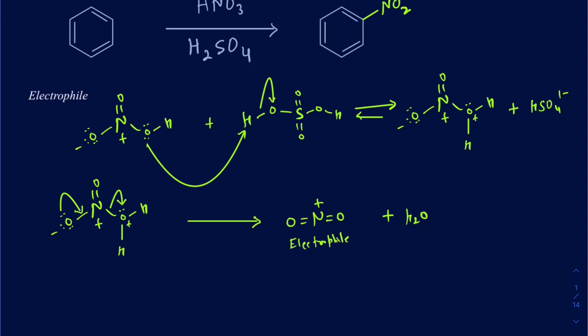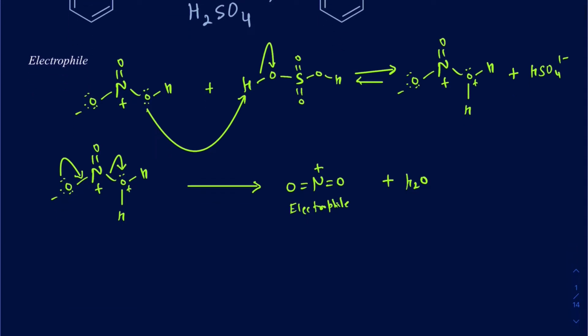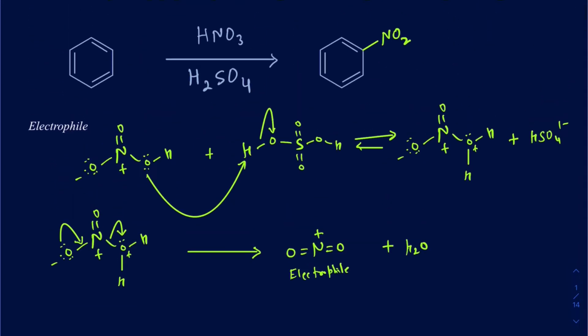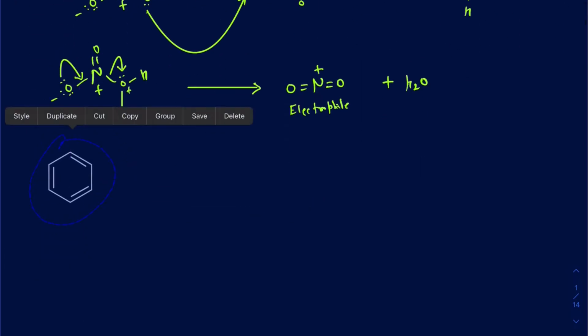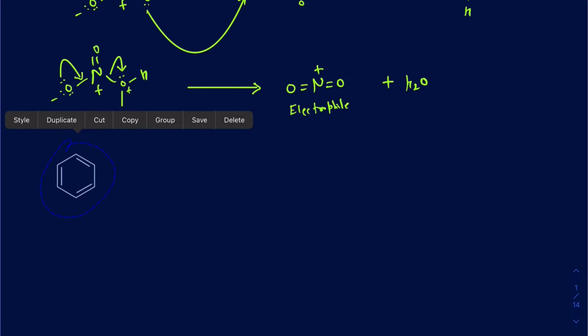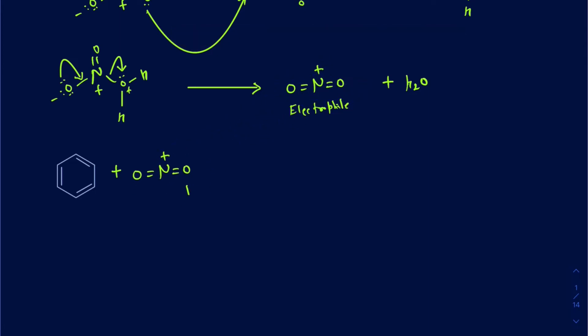Once you know what your electrophile is, you can use your ring to do the attack. Let me copy this down here. And then I have this nitro group here.